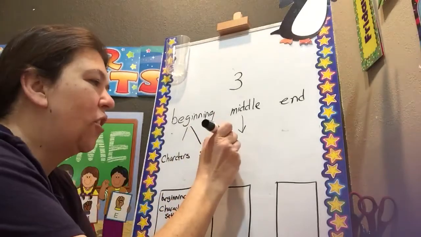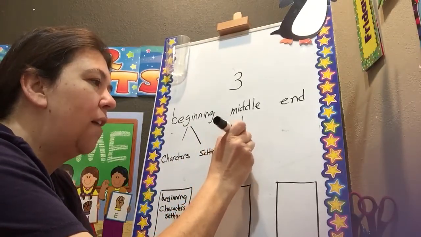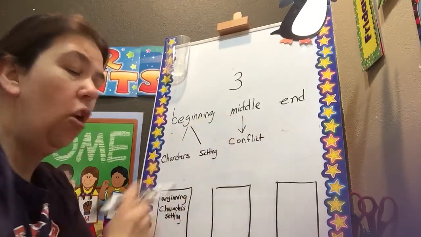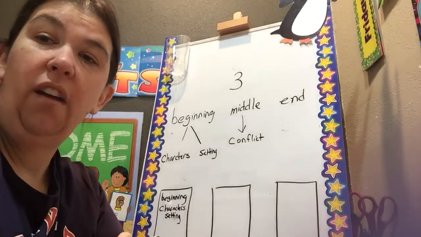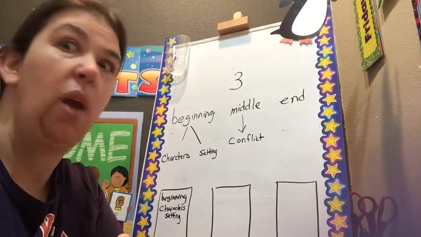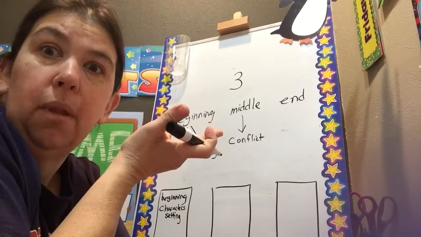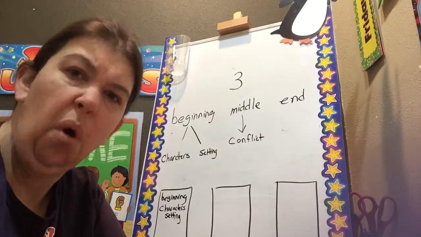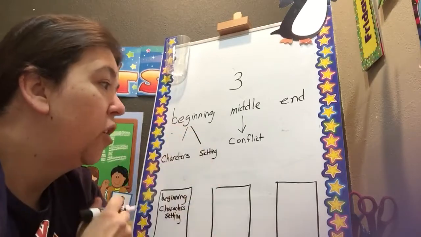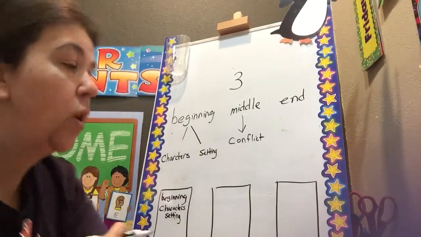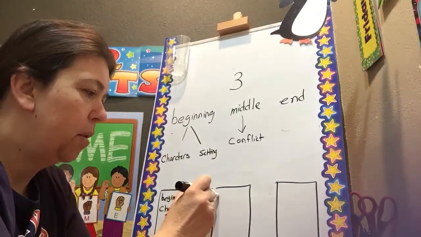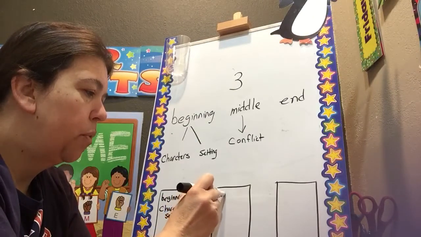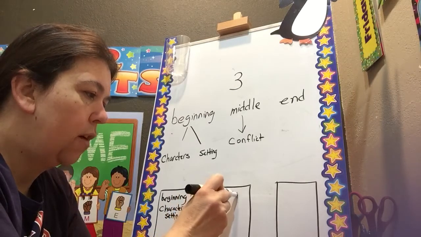Yes, in the middle, you're going to come up with whatever your conflict is. And remember, conflict is the very fancy way that we basically say there is a problem. So in the middle, you're going to tell me what your problem is. What is the problem that your characters are facing?